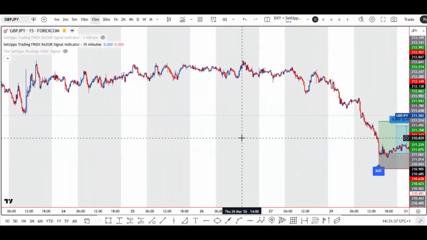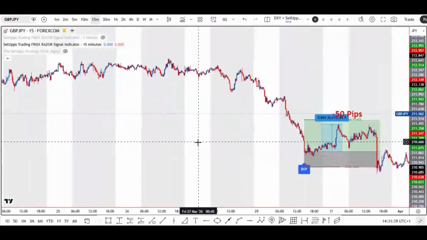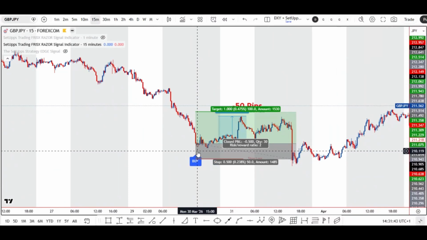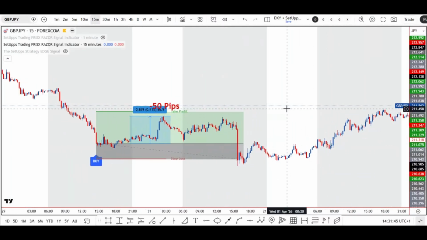Right, okay, so we have another signal, a buy signal. Now this is where I was on about the three trades that I would not call a loss necessarily if I was trading it.